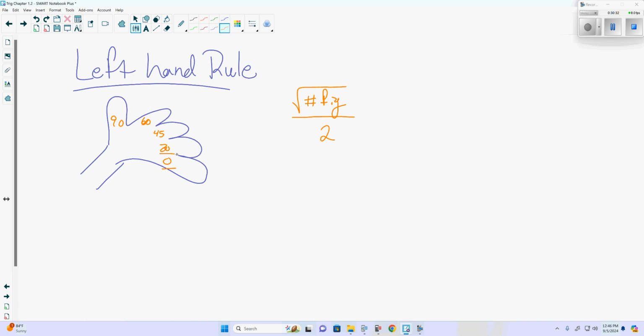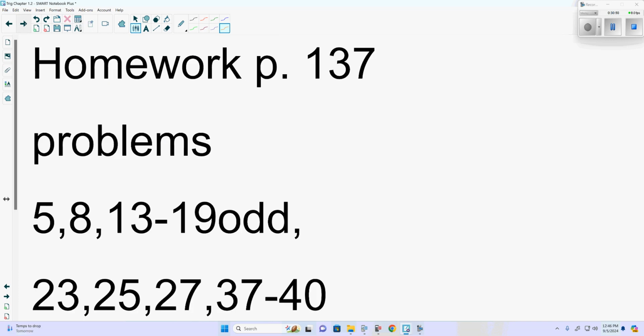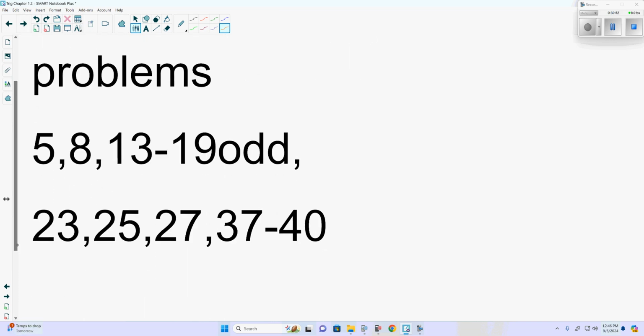You kind of see how that works? So that is the left-hand rule. The only thing you have to keep track of is the quadrant that you have, because if we're over on the other side, we just have to switch the sine and cosine signs. But that is the left-hand rule. That's all we're doing today.